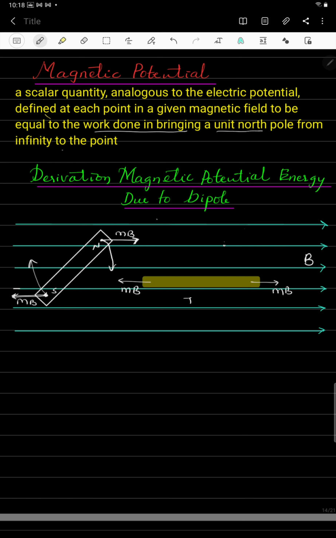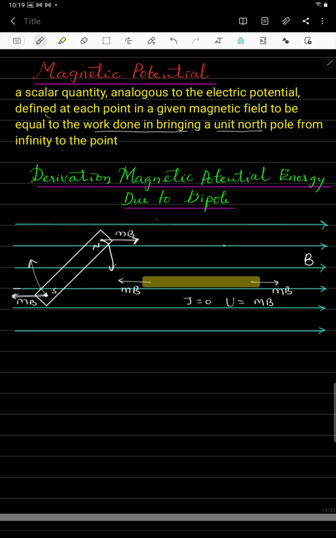Therefore there is no torque. It means the torque is 0 when it is in the same alignment. So the torque is 0, but the magnetic potential is maximum, that is MB.